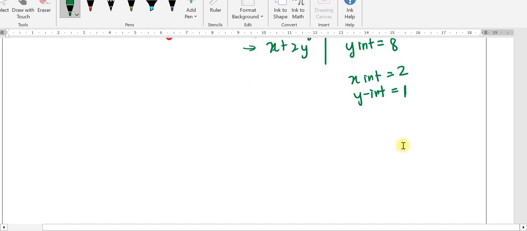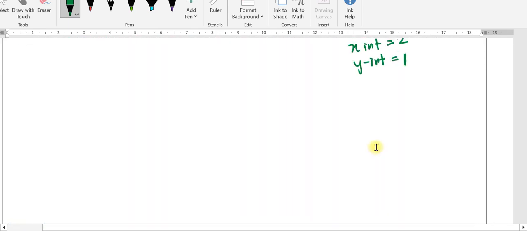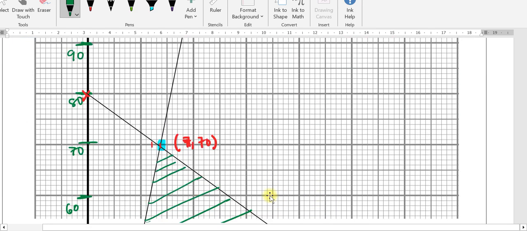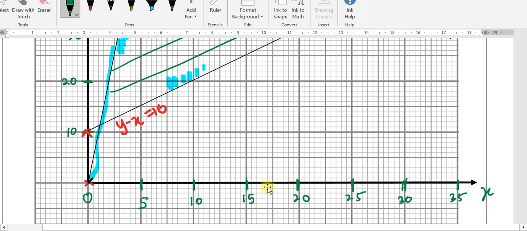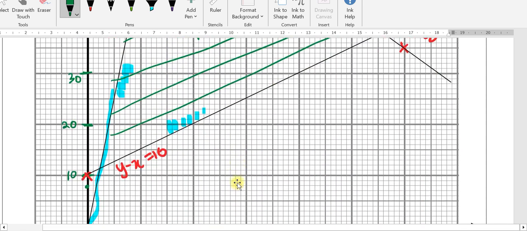X intercept 2, Y intercept 1. Too small. So I take the 16, 8. Easier. X intercept 16, Y intercept 8. Y intercept 8 is here. X intercept 16 is here. 8 and 16, right?